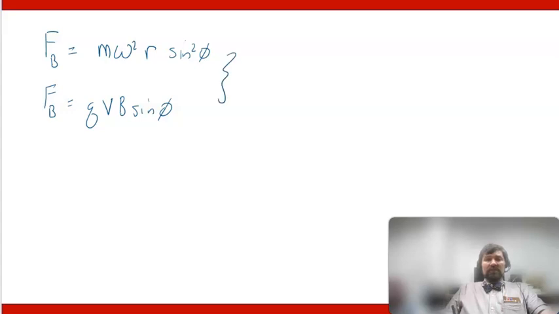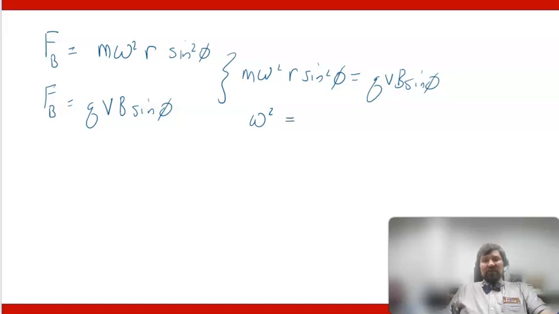So if you put these two equations together, you have m omega squared r sine squared phi is equal to QVB sine phi. And that means that omega squared is equal to Q times V times B times sine phi divided by m r sine squared phi.